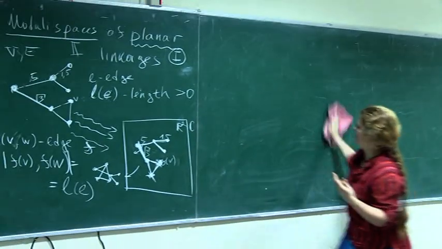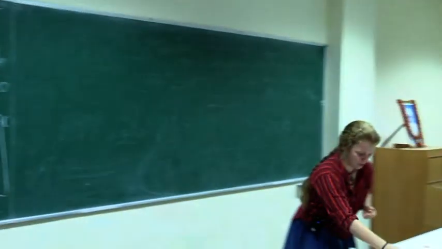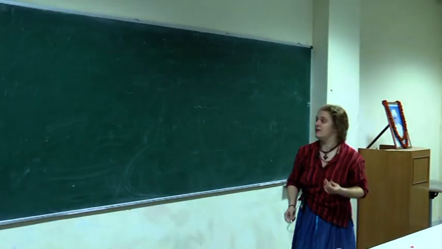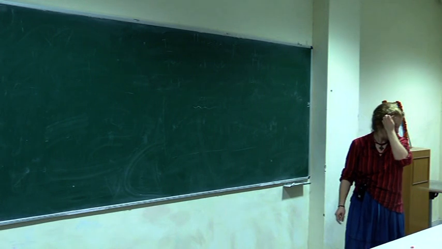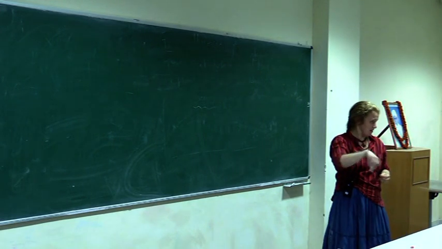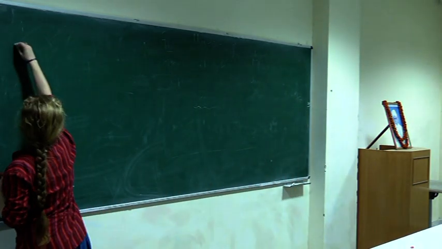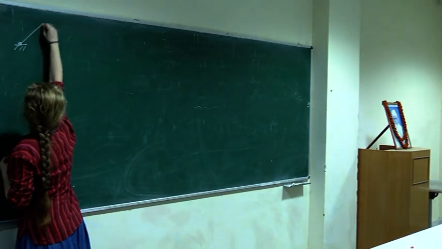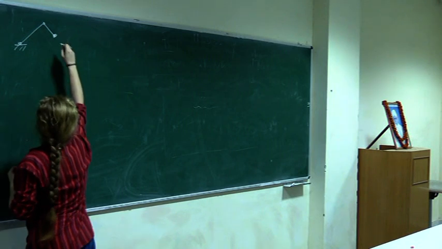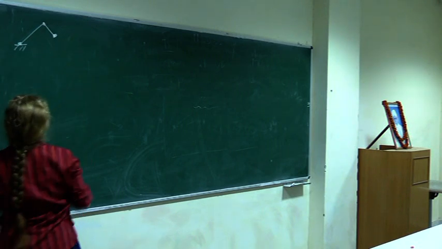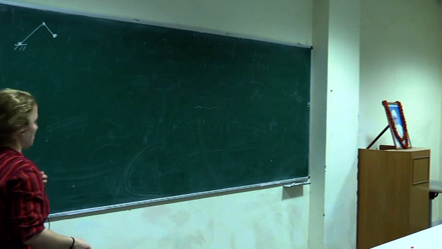So far, I've shown you only the linkages with one degree of freedom that draw a line on the plane. But in fact, we can consider something like this, a robot arm, a typical object in robotics.